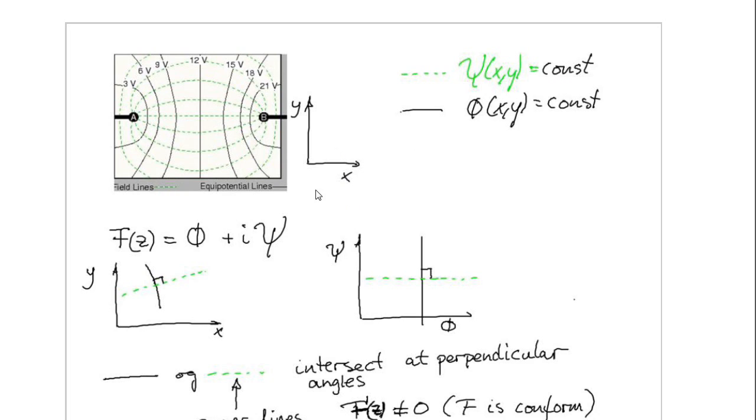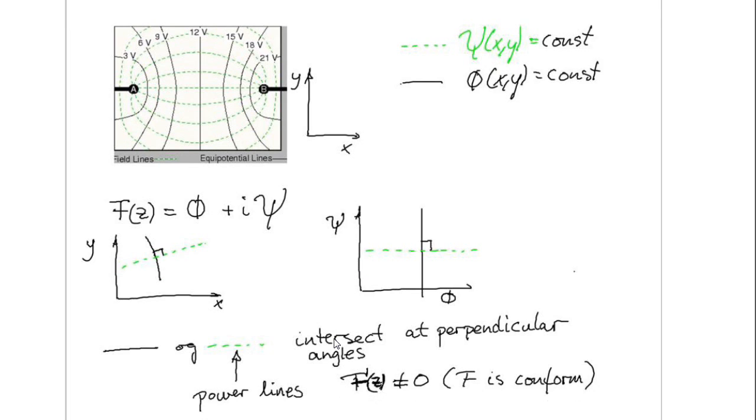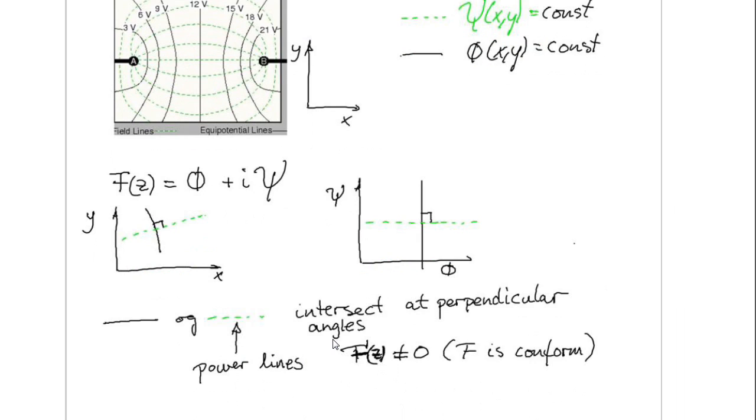And these lines, the black lines and the green lines, intersect at perpendicular angles. And this is possible to prove by using the property of conformal mappings, because we always have to assume, or search for, regions where this complex potential is conformal.